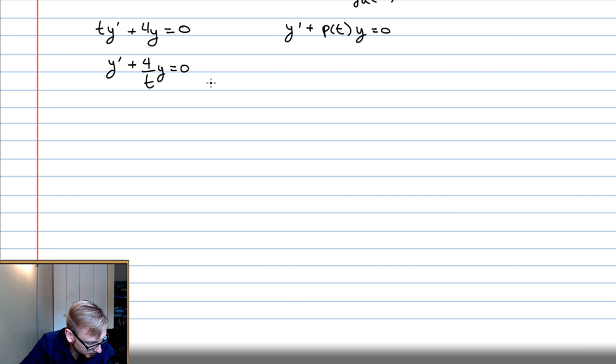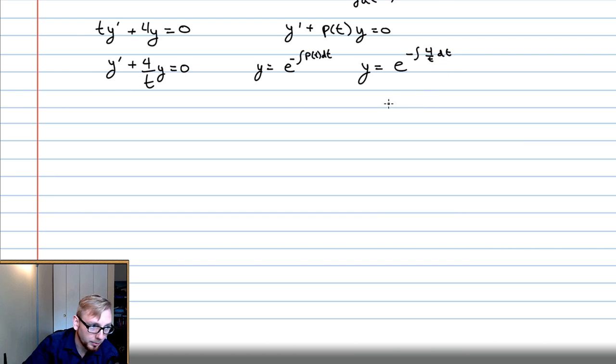We're going to use y equals e to the negative integral of p of t, which means y equals e to the negative integral of 4 over t dt, which means, well, the integral of 1 over t dt is the natural log of t.